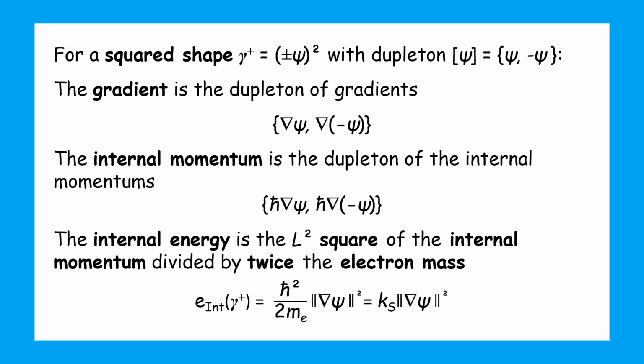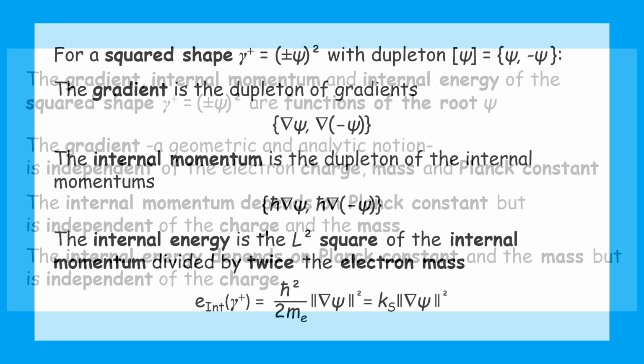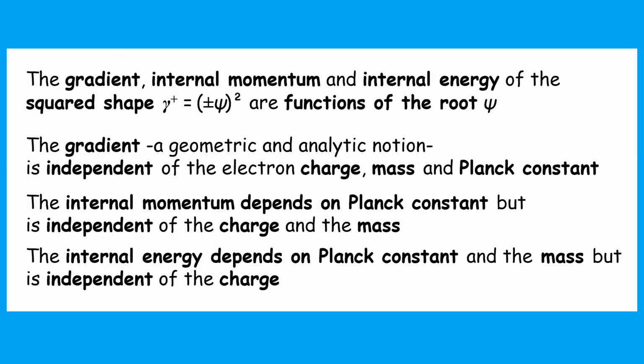The internal energy is the square of the internal momentum divided by twice the electron mass. The gradient, internal momentum, and internal energy are functions of the root.